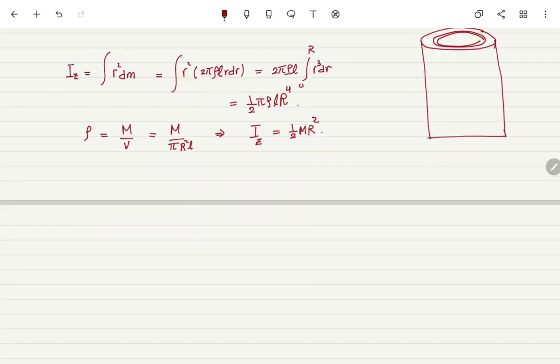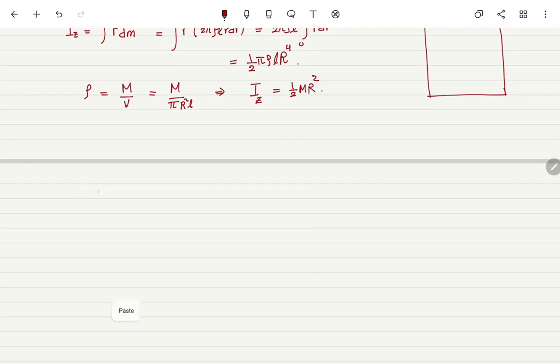Now the good thing is the moment of inertia for homogeneous rigid objects, or uniform shapes, is already calculated. For instance, for a cylindrical shell, the moment of inertia about its center is equal to mr square.